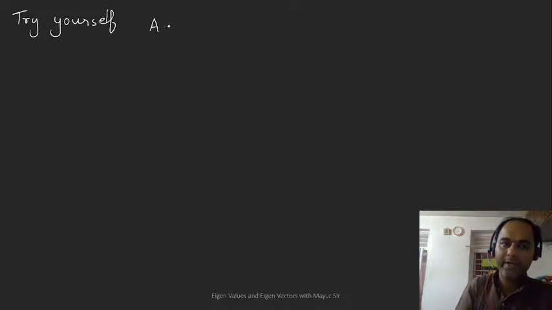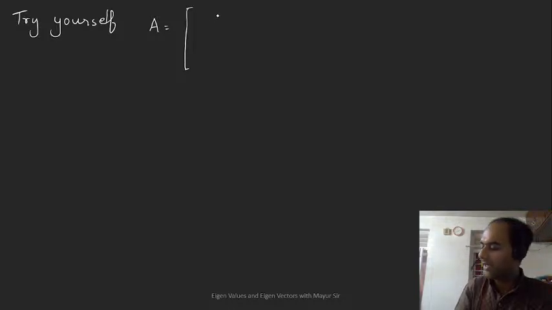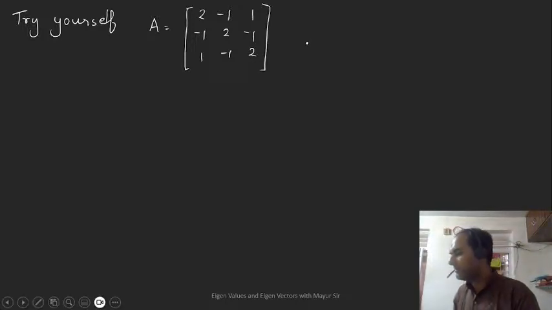Here for A, try to find the eigenvalues: 2 minus 1 1, minus 1 2 minus 1, and 1 minus 1 2. This is also a good matrix, and you will get repeated eigenvalues in this case.